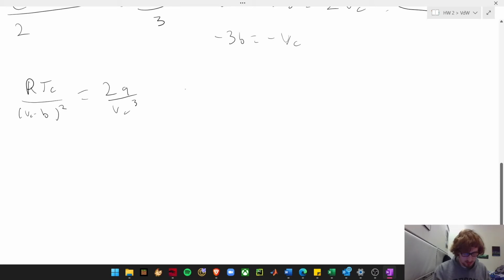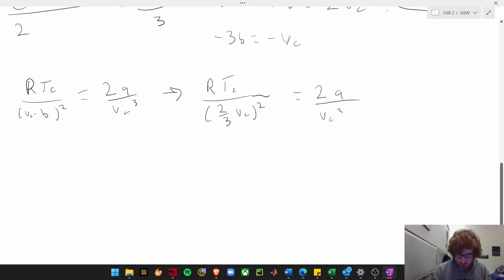So we're going to get R times our critical temperature over 2/3 of our critical volume squared is going to be equal to 2A divided by our critical volume cubed. And then we just use the exponent. We end up with R times our critical temperature over 9/4 V cubed.